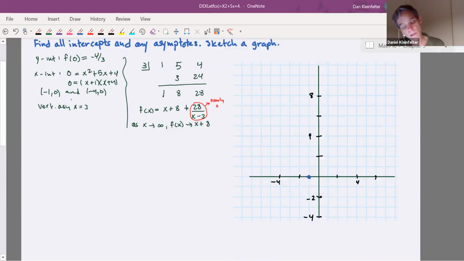And then also one at -4. Okay, and then there should be a y-intercept at -4/3. Okay, and then we should put on asymptotes. So for vertical asymptotes, we saw there was only one, and it was at x equal 3.